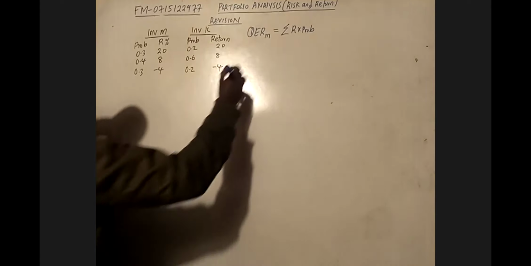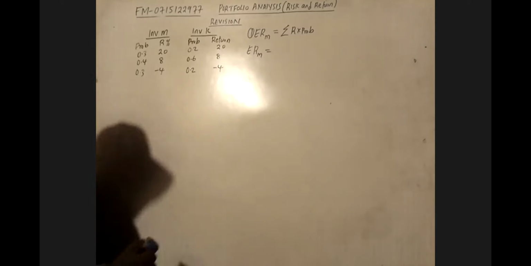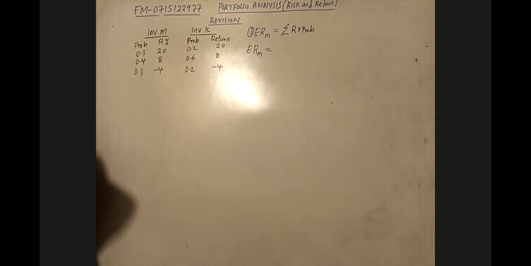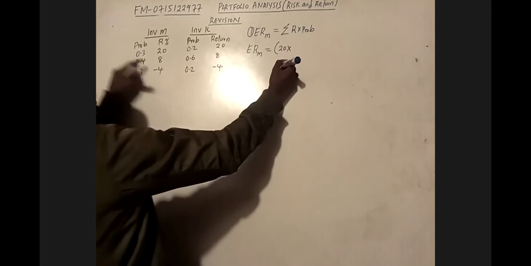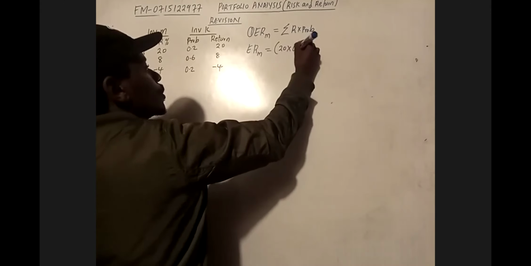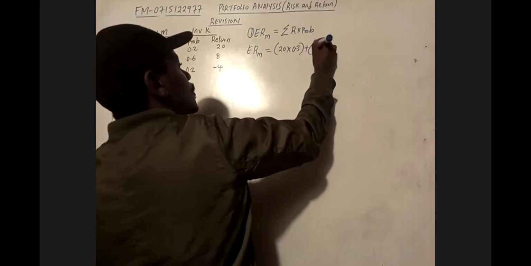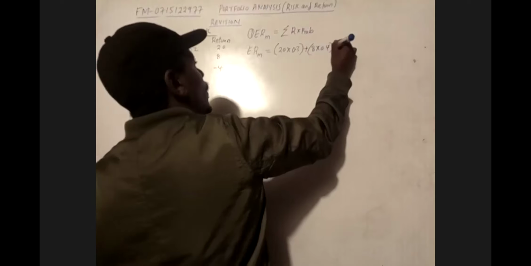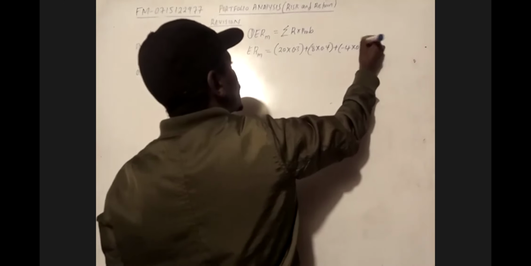So how do we get it? The expected return of investment M will be 20 multiplied with the probability which is 0.3, plus 8 times 0.4, plus minus 4 times 0.3.